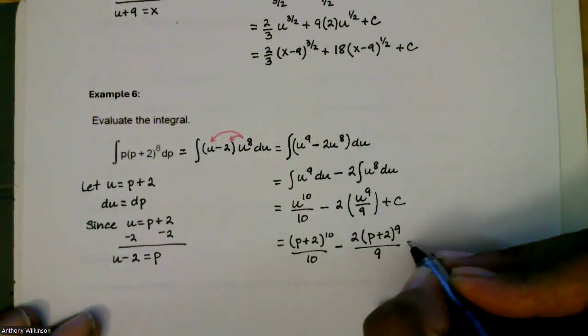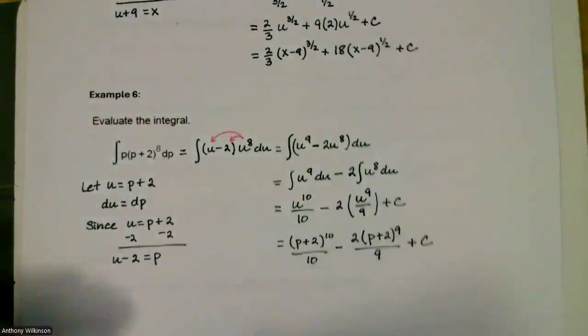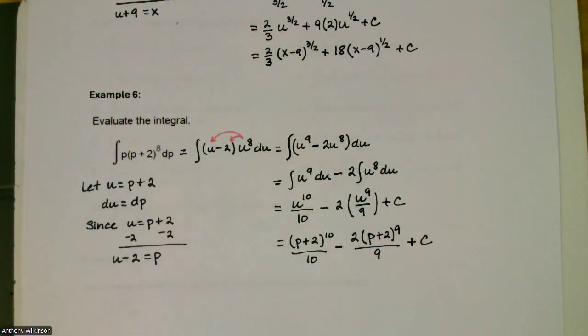That'll be divided by 9. And then plus c. So that will be the integral of p times the quantity p plus 2 raised to the 8th dp would be p plus 2 quantity raised to the 10th divided by 10 minus 2 times the quantity p plus 2 raised to the 9th divided by 9.